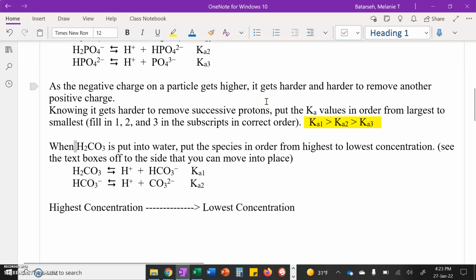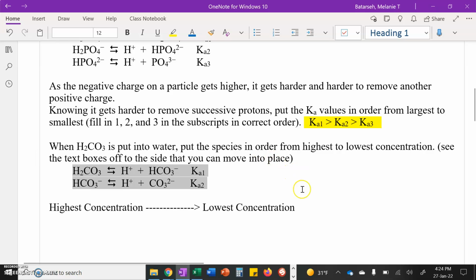When we put H2CO3, carbonic acid, in water, let's try to put the species in order from highest to lowest concentration. I've created some text boxes off to the side that we can slide into place. Here's the diprotic acid, and here's the series of acid dissociation reactions.